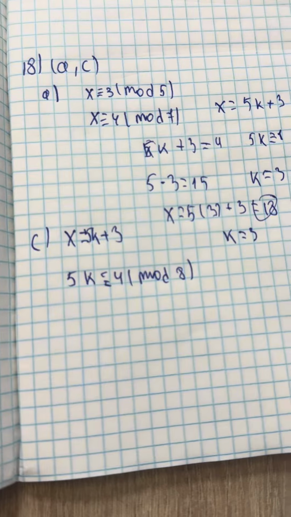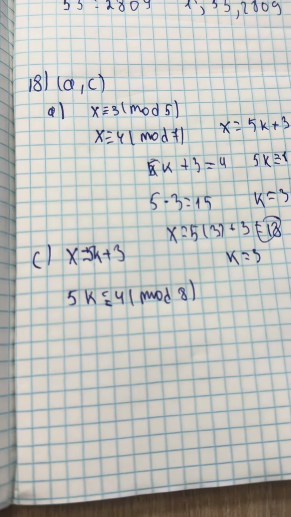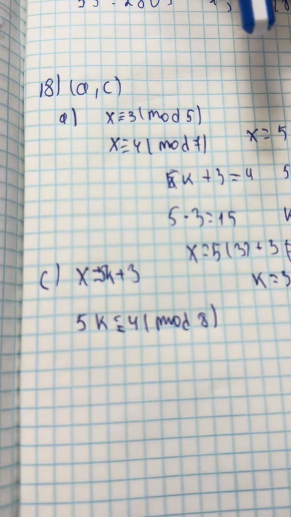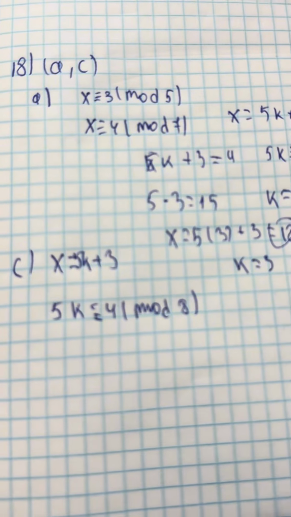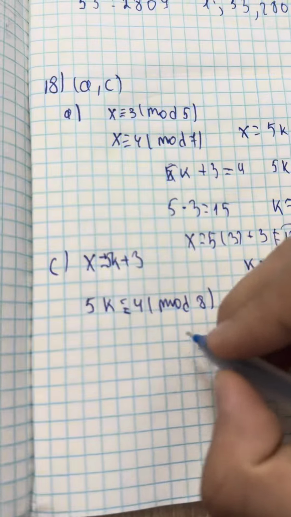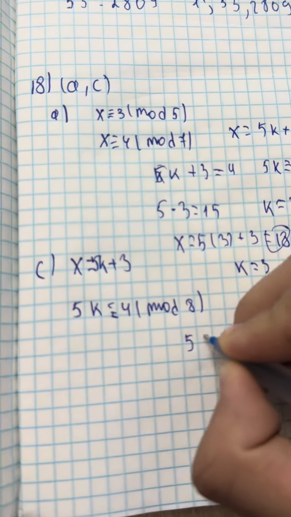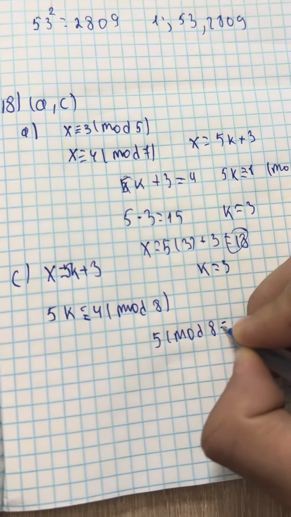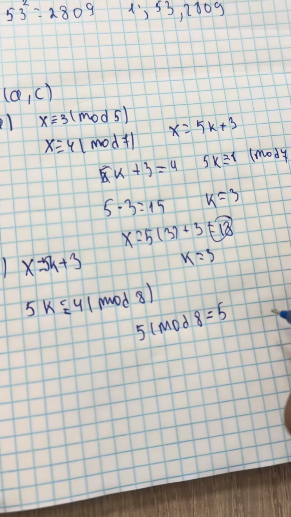Plugging this into the congruence, we get this. Subtracting 3 from both sides leaves us 5k equals 4, and the inverse of 5 modulo 8 is 5.